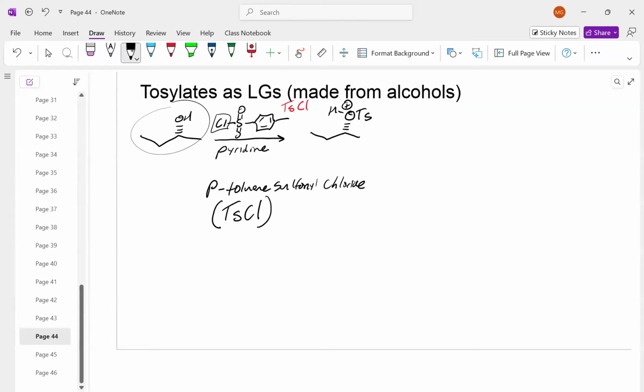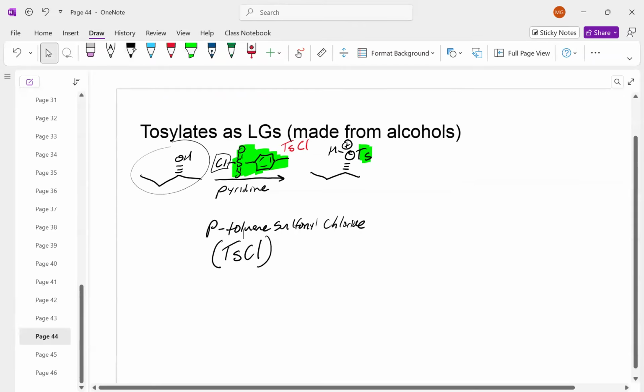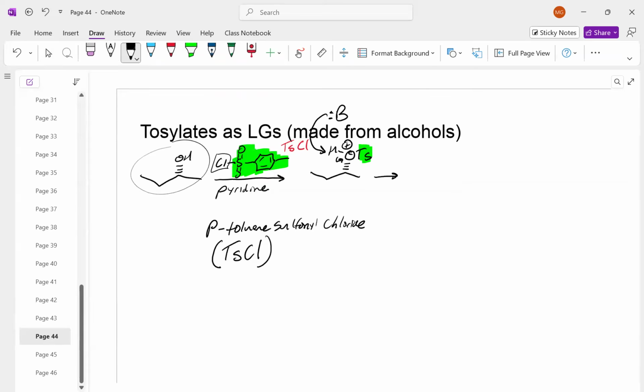I just used that abbreviation Ts. You are more than welcome to do that. What does Ts represent? It represents all of this. So the OH or the whole alcohol replaces the chlorine, and then the pyridine comes in and acts as a base. Just going to use B for base, pulls off that hydrogen, and this makes what is known as a tosylate.